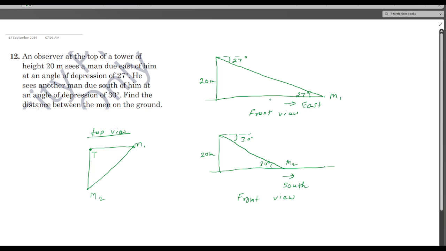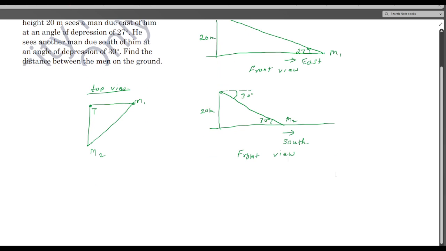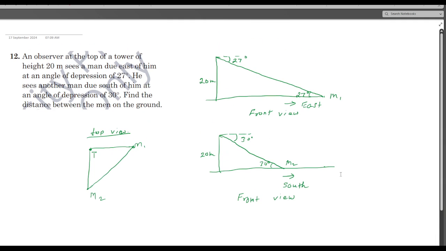Now we have changed our position to see the tower and man 1 when man 1 is in the east direction, and the tower and man 2 when man 2 is in the south direction. From these two diagrams we can work out the distance of man 1 and man 2 from the tower, that is TM1 and TM2. For TM1 we will use the tan relation.